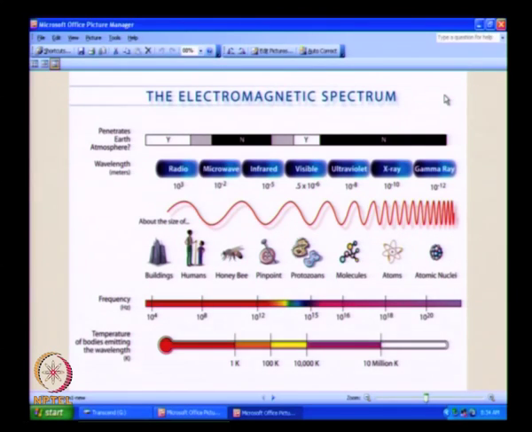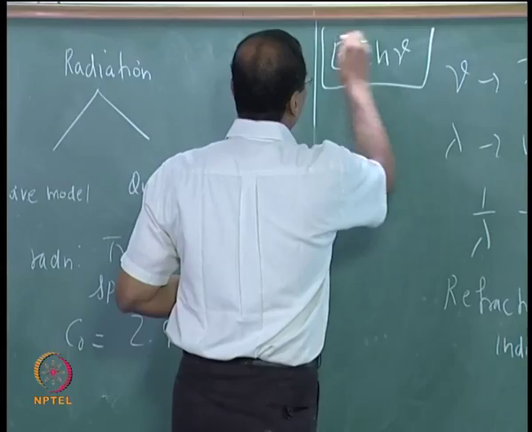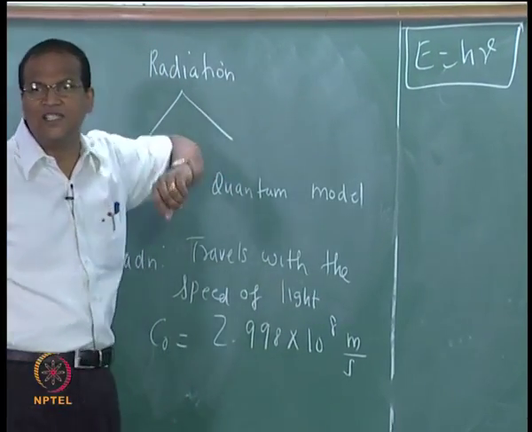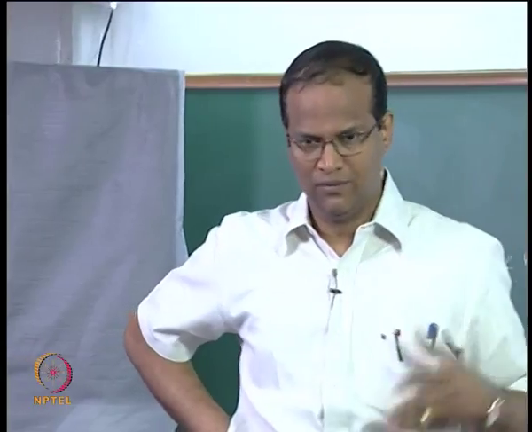The energy of electromagnetic radiation E is given by h nu, but we have to derive that, right. E is given by h nu, where h is the Planck's constant, 6.627 times 10 to the minus 34 joules second, okay.